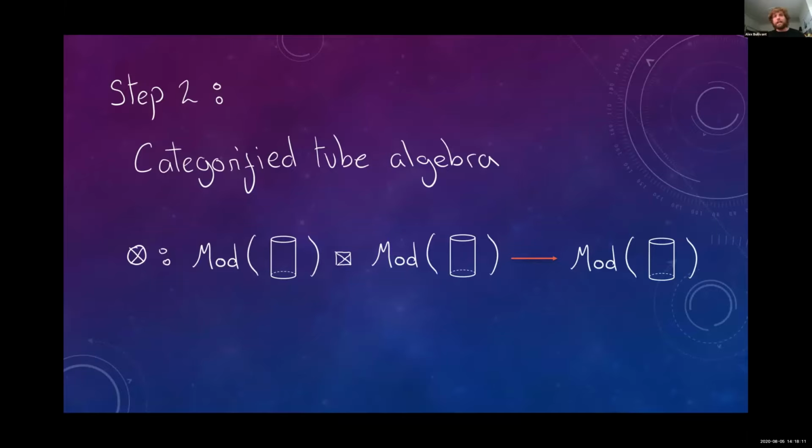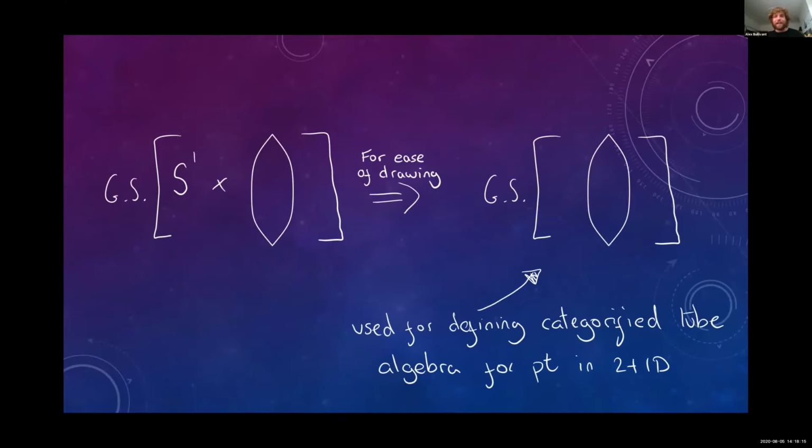How do we define a categorified product? In the following slides, the manifold I was drawing was S1 cross the bigon, but I think the diagrams get far too hard for me to draw if I keep this S1 in. So I'm going to remove a copy of S1 in the following to make the diagrams easier, but it doesn't change the ideas.